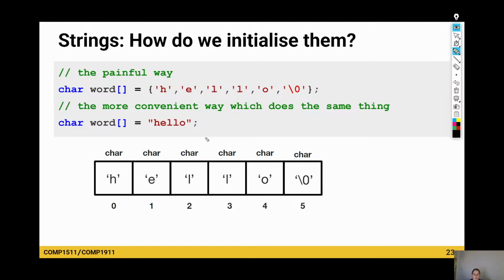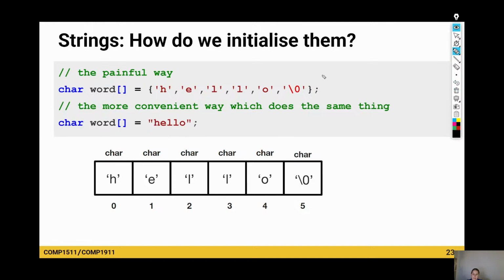So there's a more convenient way in C using the quotes. And we've seen these quotes before. We've done printfs and we've created strings to print out. The difference is we're now storing this string in a variable. And C is smart enough to know that if we have a string, it needs to put this special character in for us.